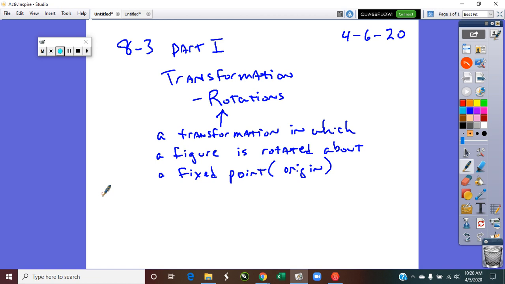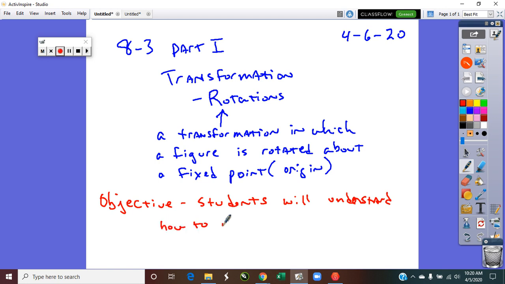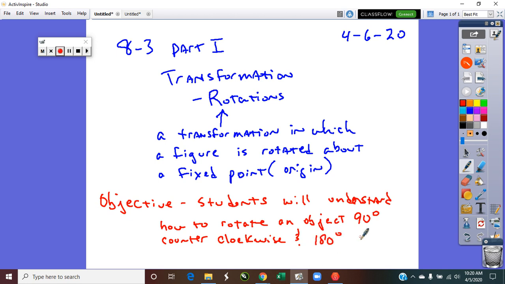Before we do that, let's go ahead and get to our objective. Our objective for today, this is the first part of rotations, is for students to understand how to rotate an object 90 degrees counterclockwise and 180 degrees about the origin.